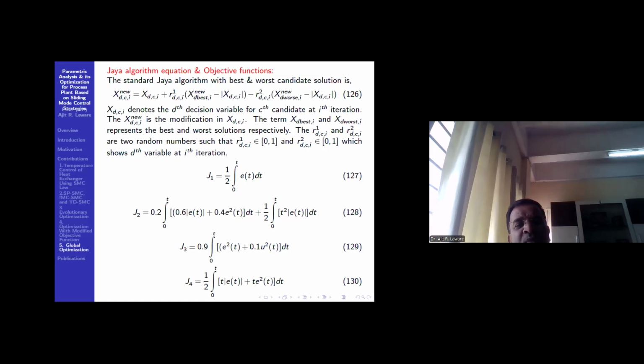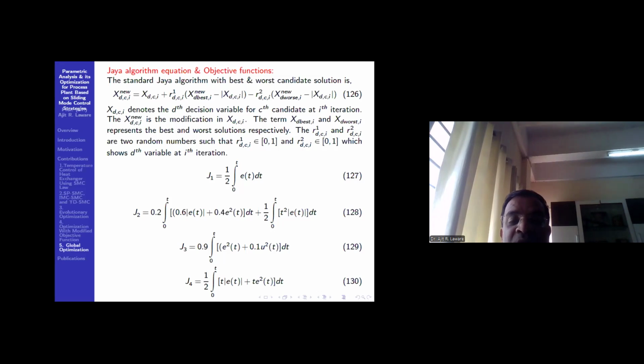Best value minus current value, and worst value minus current value, and you assign the weights as r1_d,i and r2_d,i to it, and that's the Jaya algorithm. Basically, Ravi Pudi Venkata Rao, professor from the mechanical department of NIT Surat, invented this Jaya algorithm. Actually, Jaya is the name of his daughter.